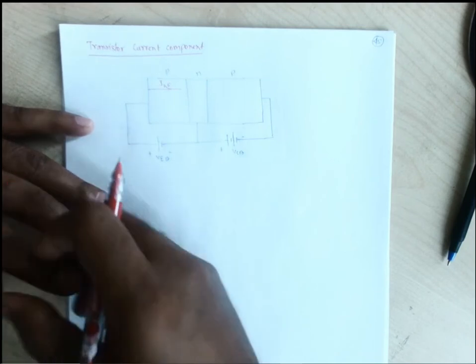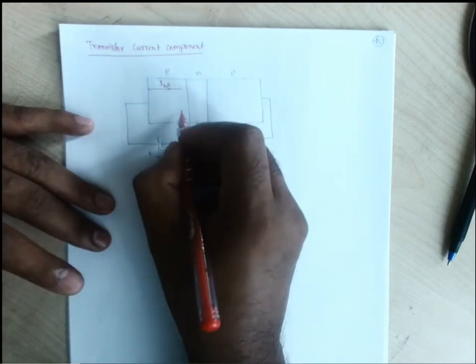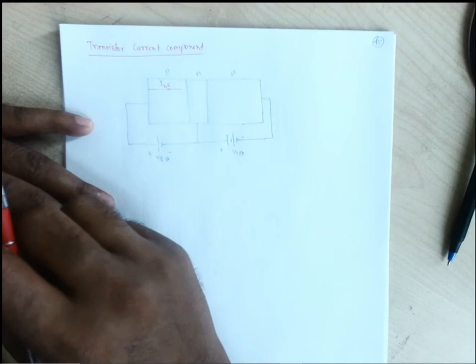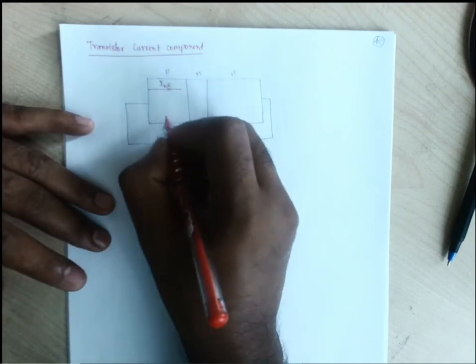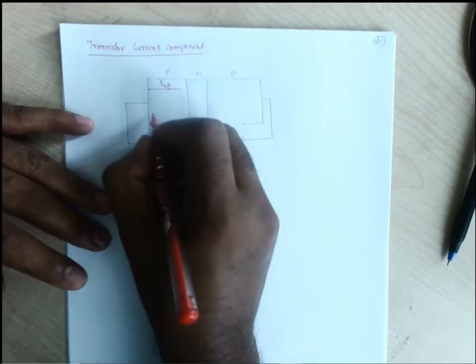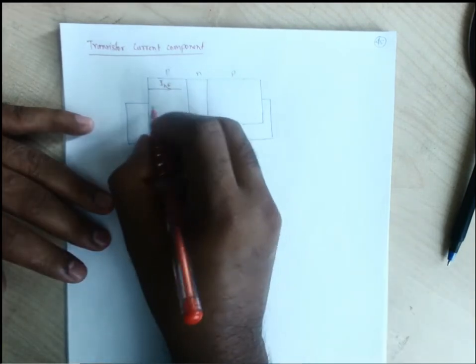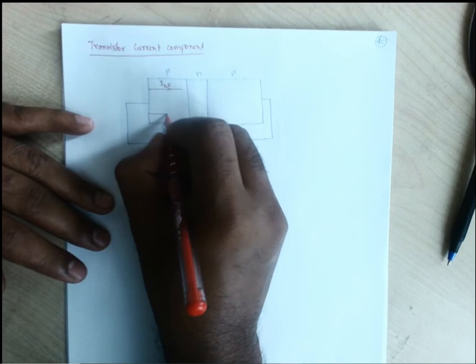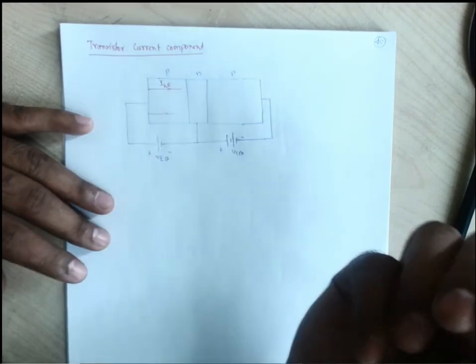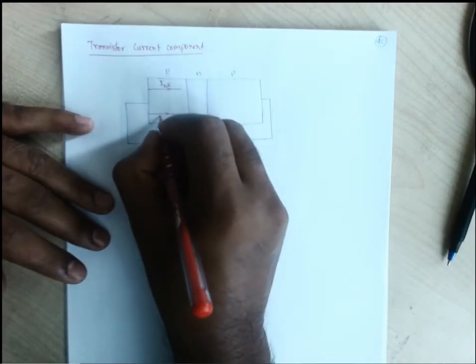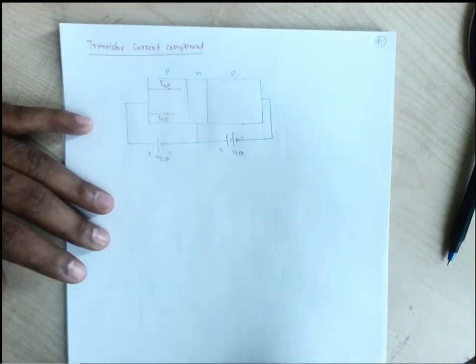So these electrons will be taken away from this P region, which means electrons are moving in this direction. So this current will be in this direction. This current is due to the electrons in the emitter region.